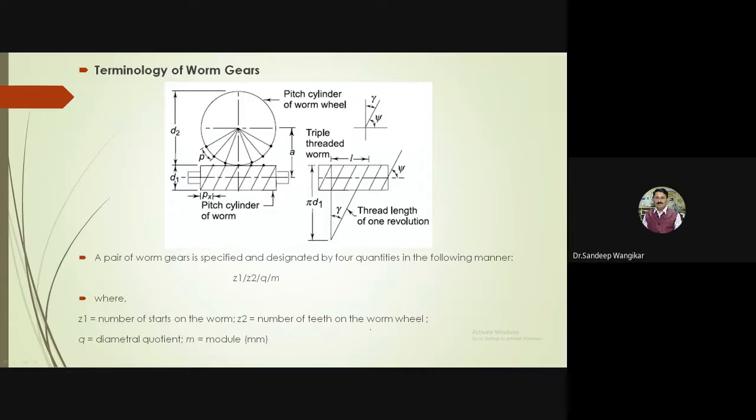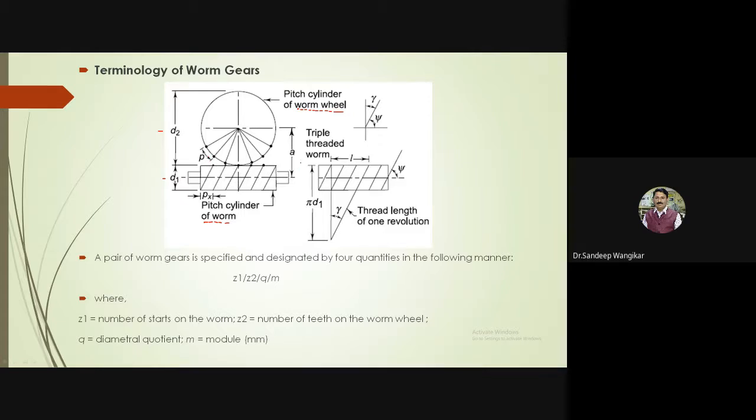So for the terminology of worm gears, you can refer here to the two diagrams, the worm and worm wheel diagram. In this I can highlight D1 and D2, the pitch circle diameters for worm and worm wheel. The pitch cylinder of worm and the pitch cylinder of worm wheel are mentioned. Px is the axial pitch for the worm, and P is the circular pitch for the worm wheel.